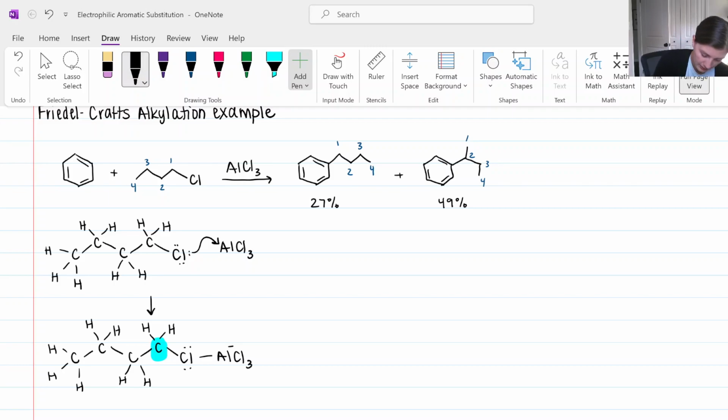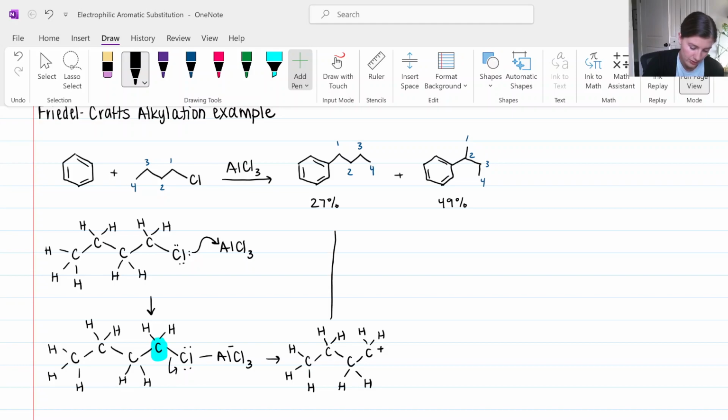So if we then lose the chlorine, we have a carbocation intermediate electrophile here. And this carbocation would then lead to this product. Or we could even say the complex where I highlighted that carbon in blue, that would lead to that product as well.